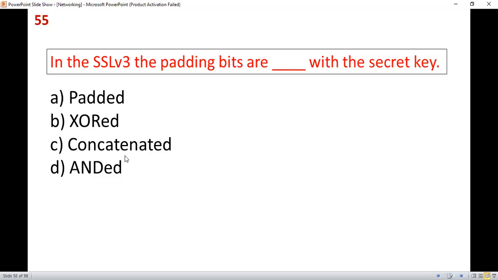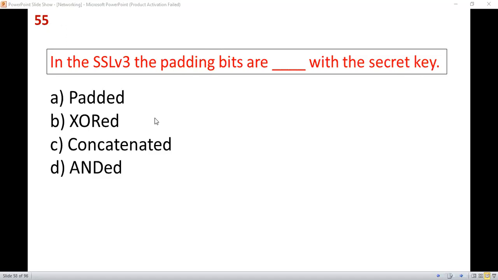Anyone tell me what will be the answer? The answer for this question will be option C, concatenated. Absolutely right. In SSL v3, the padding bits are concatenated with the secret key.